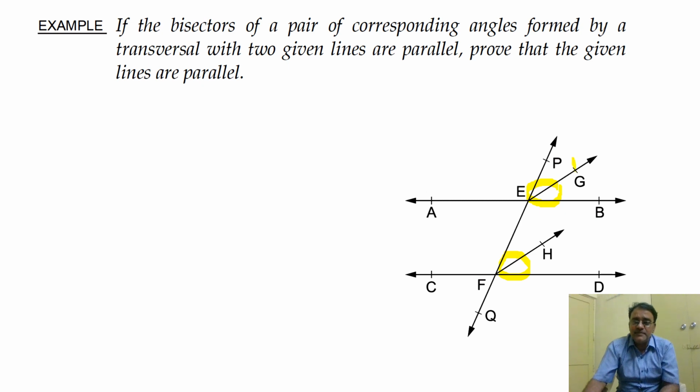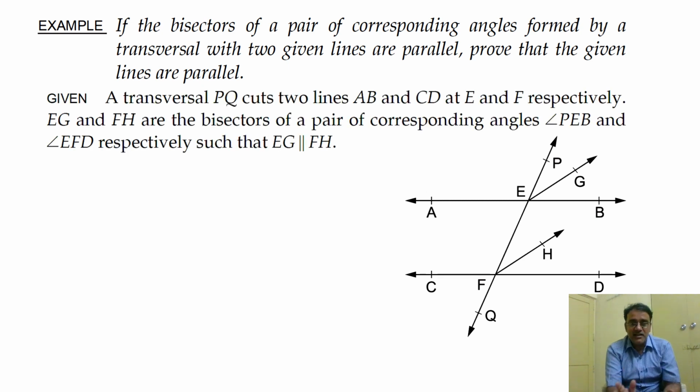So which lines will be parallel? EG and FH, right? The diagram is clear. Now we have to show that AB is parallel to CD, we have to prove it. First, let me write what is given. A transversal PQ cuts two lines AB and CD at E and F respectively.